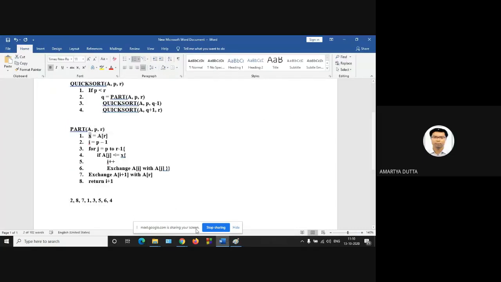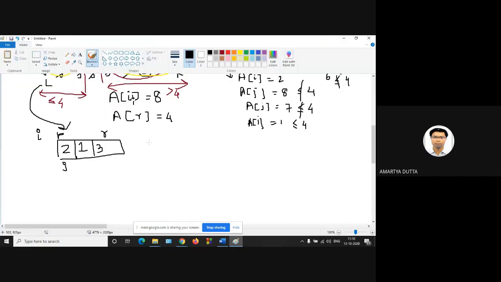So what will be the value of X here? Here X value is 3. The last element, X and Q, both are the same. Both are the pivot point, the partitioning point. You have to place this 3 in its proper position.